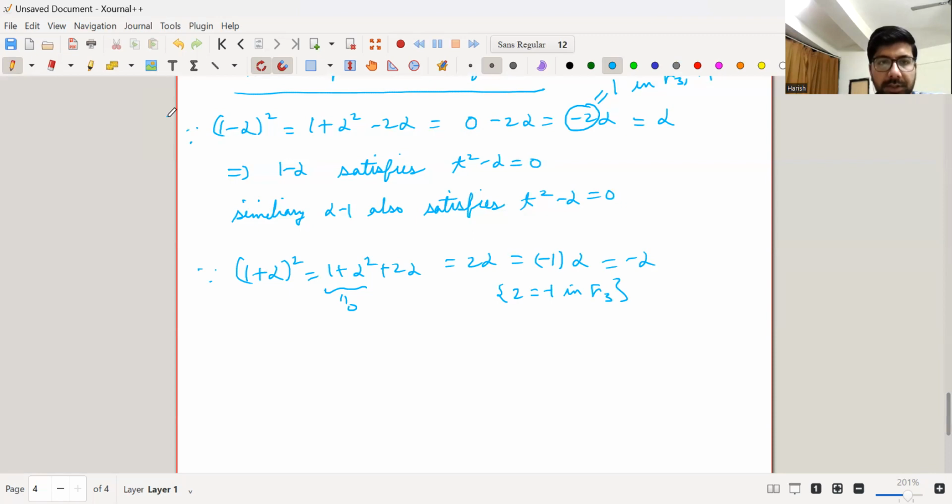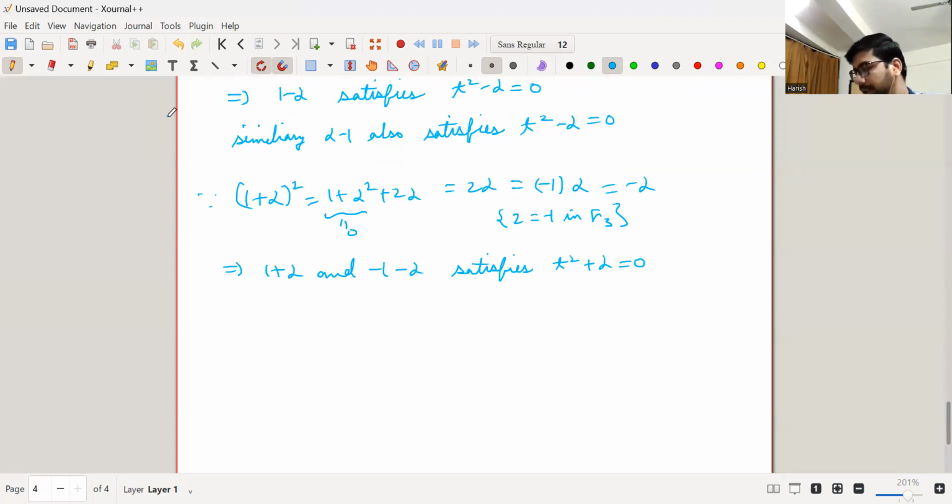So this implies 1 plus alpha, and if you take the minus of it, minus 1 minus alpha satisfies t square plus alpha equal to 0, right?